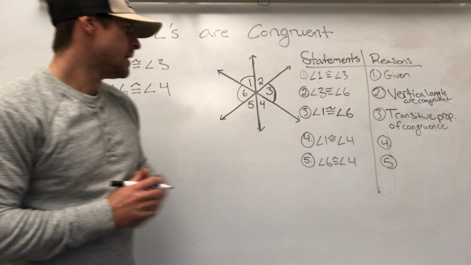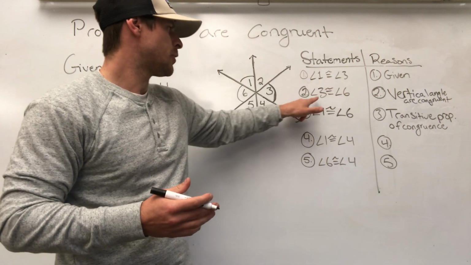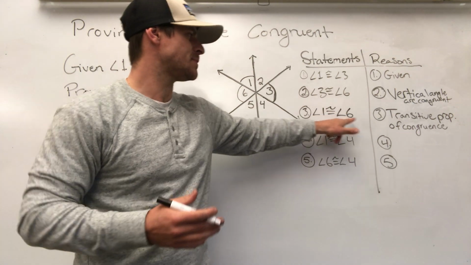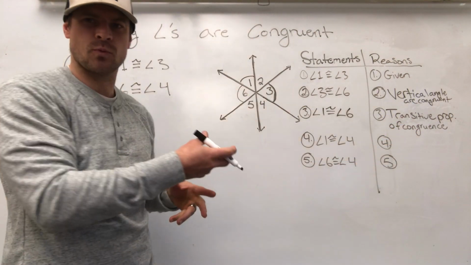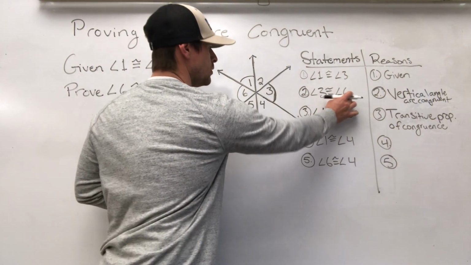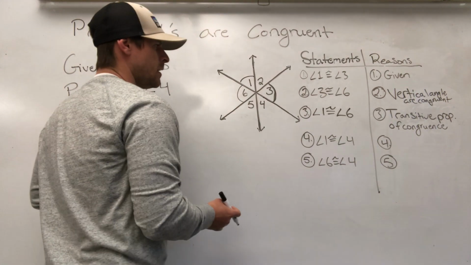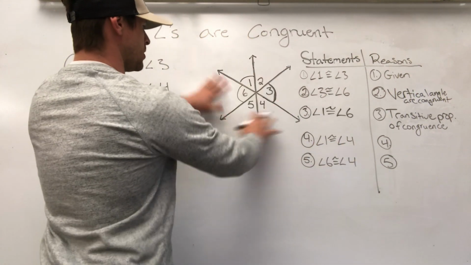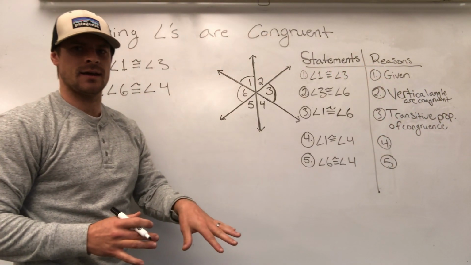So next, now that we know angle 1 is equal to angle 3, and 3 is equal to 6 because they were vertical angles, 1 is equal to 6 because of the transitive property, which means we can just transition one piece of information in. We knew this, so we just transitioned that right up there. Now we're saying angle 1 is equal to angle 4. Let's look at our picture. Is there anything over here telling me angle 1 is equal to angle 4?